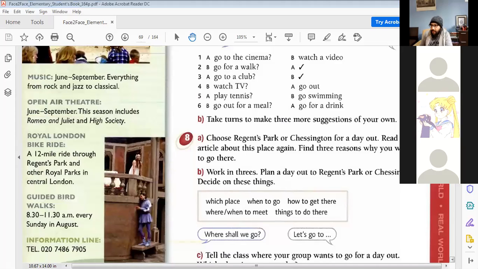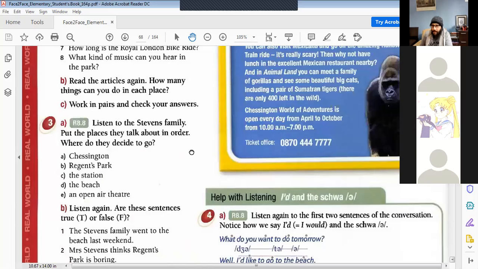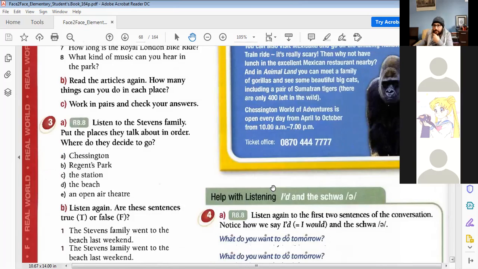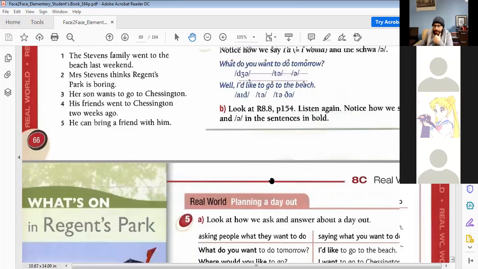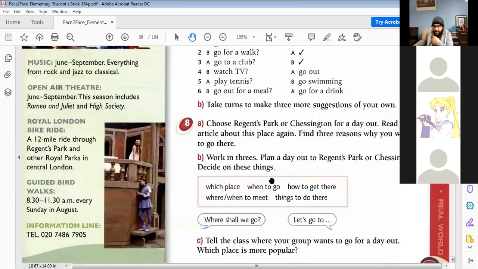All right, so let's take a look at our next question. Number 6: can you go on a bird walk in the evenings? No, you can't. Why not? Because the birds are sleepy early.